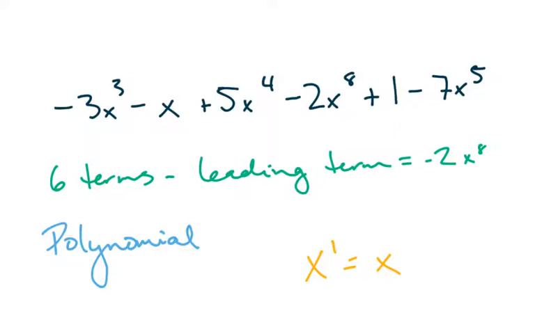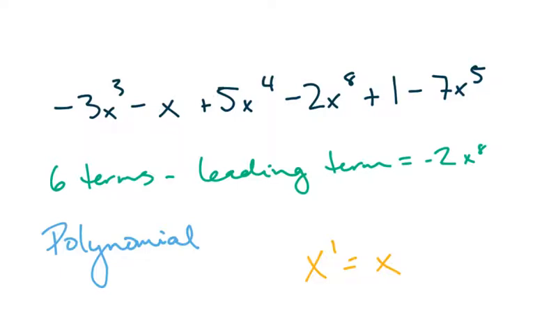And this is to the 0 degree, okay? And then this last term, the x is raised to the 5th power. The exponent is 5, so it's to the 5th degree. Okay, so here we have the degree is 3, 1, 4, 8, 0, and 5.